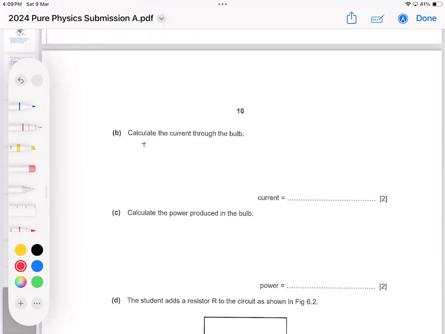So first of all, I'll find the current passing through the resistor. The voltage given to us through the resistor is 9.6 over 40.